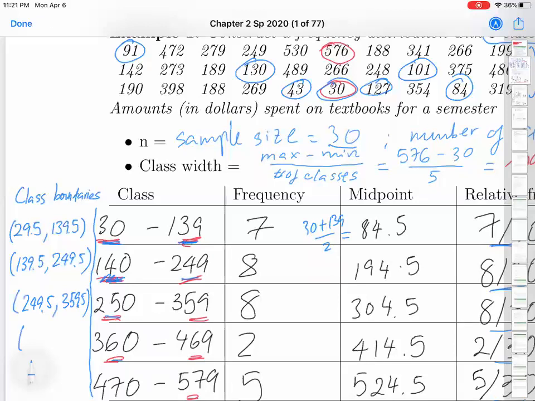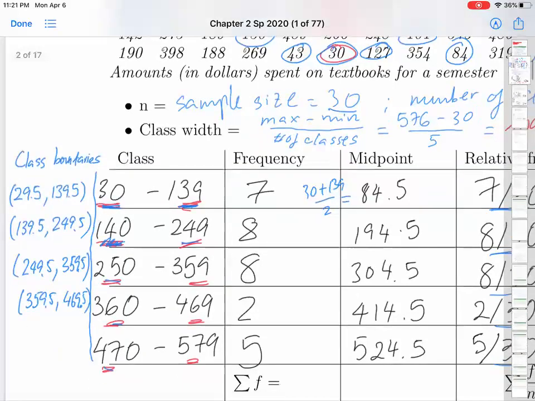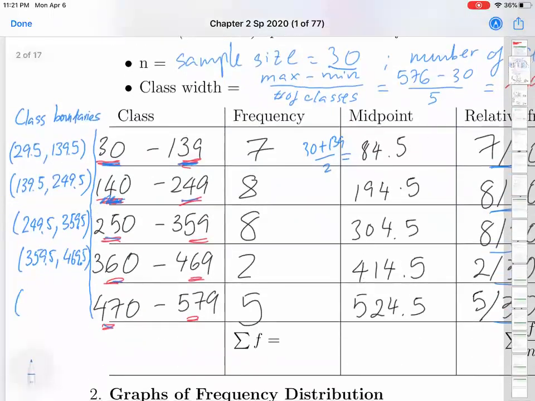And here I have 339.5 and 469.5. And the last one I have 469.5 and 579.5. All right, these are the class boundaries for each class.